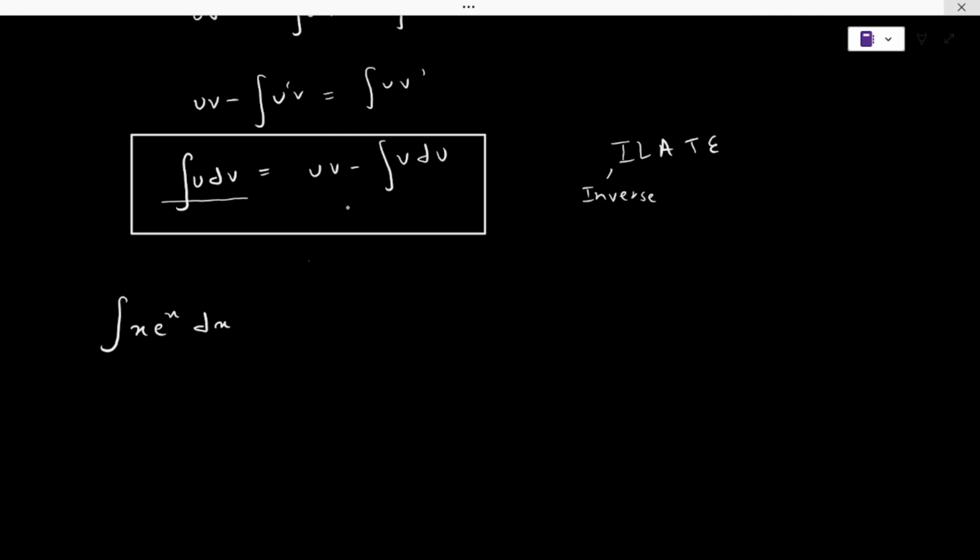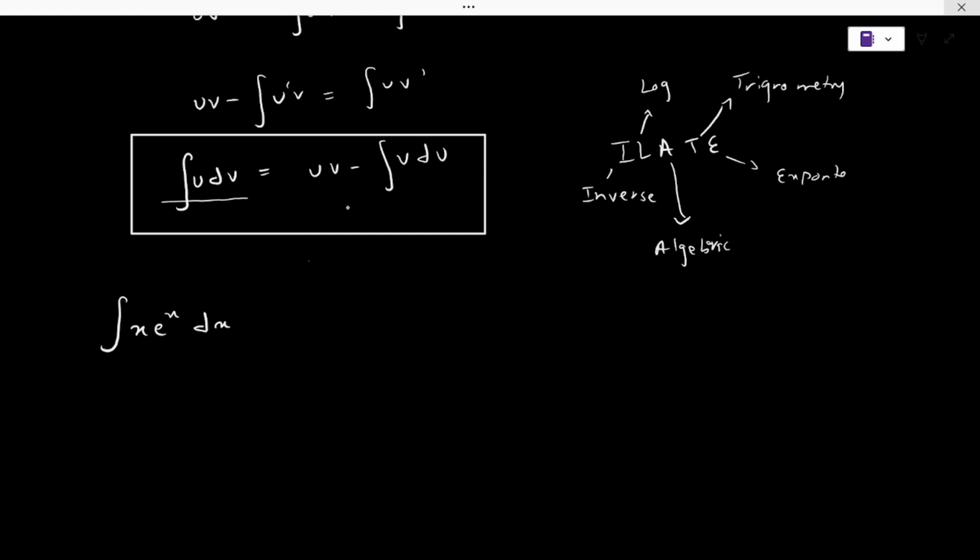If there is no inverse, then we will consider logs such as ln. If not, then any algebraic function. If not, then any trigonometric. If not, then exponential.